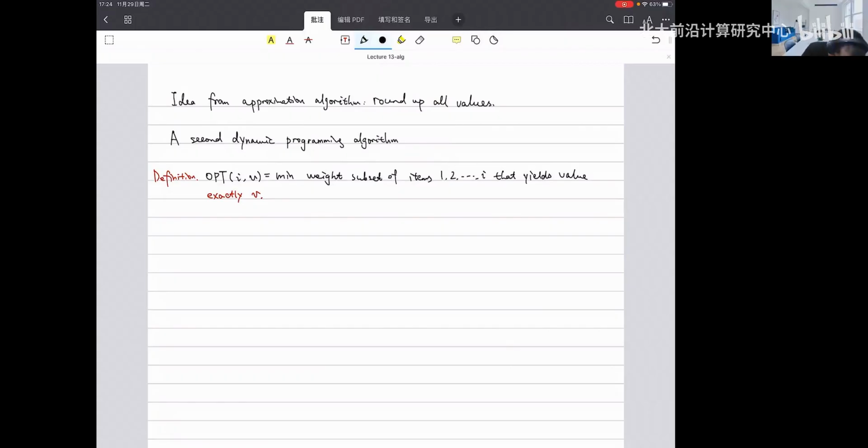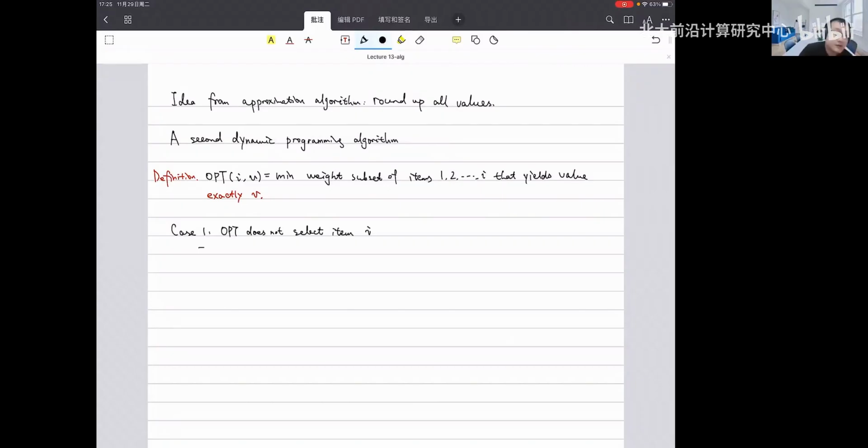Okay, so the first case that we are going to have is that the OPT does not select item i. So what is going to happen in this case?